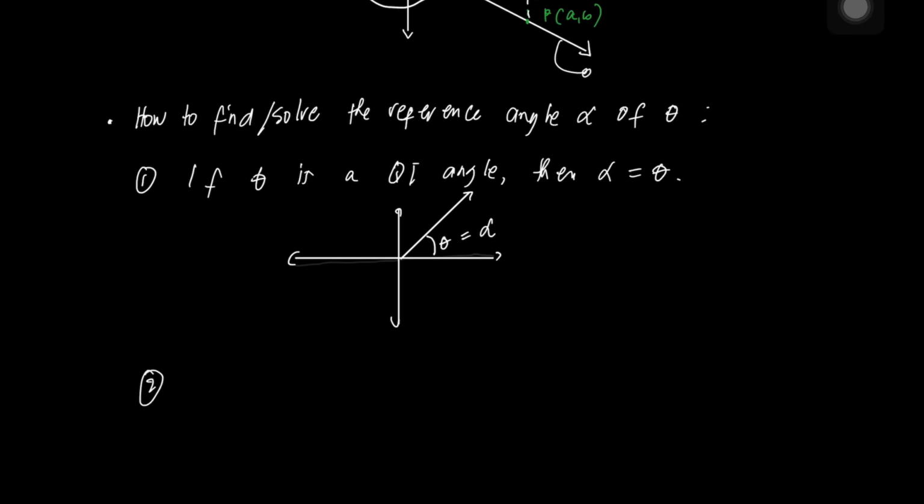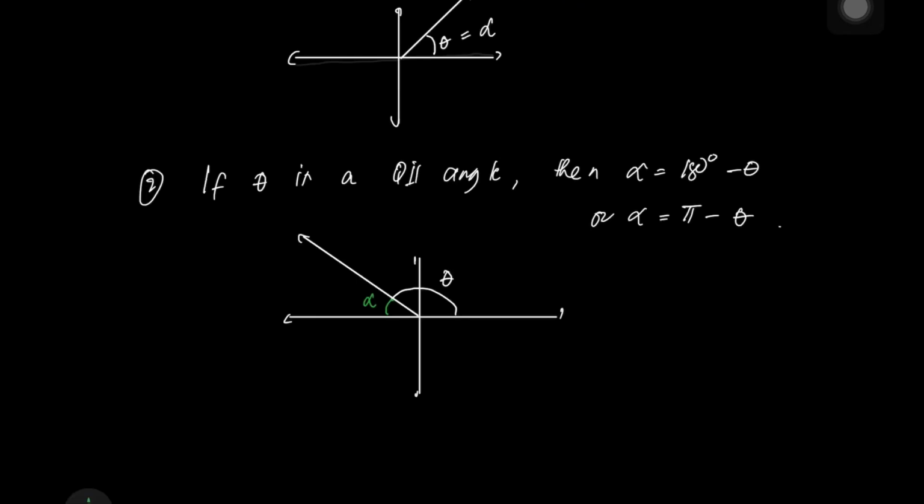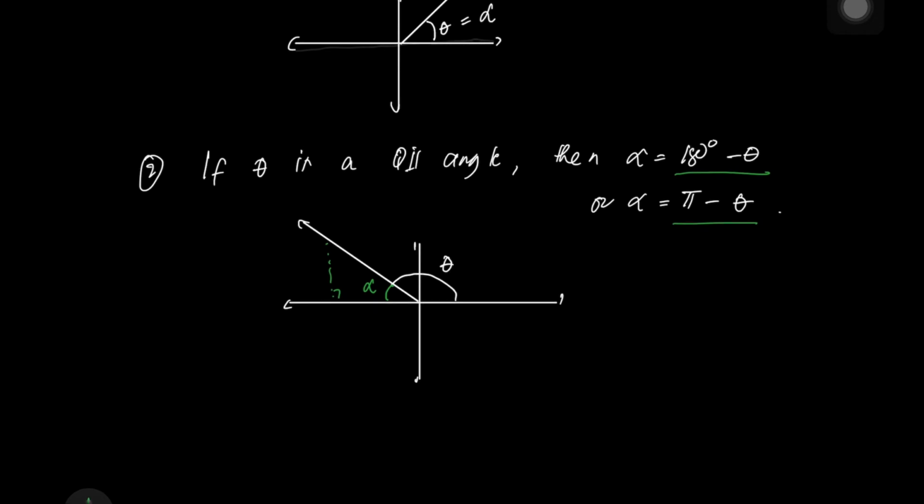For the second, if theta is a quadrant 2 angle, then alpha is 180 degrees minus theta, or pi minus theta.